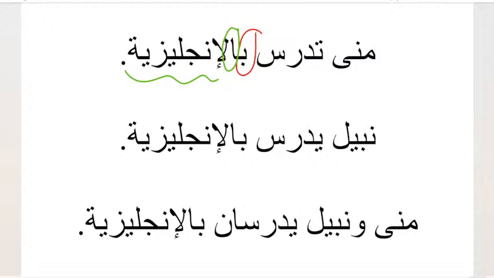So the one I circled in red is the preposition ba, in or with, just one letter. And then the next alif lam is the definite article. And then the rest of the word is the noun, إنجليزية, English. And as you see, it is feminine, so it indicates the English language.